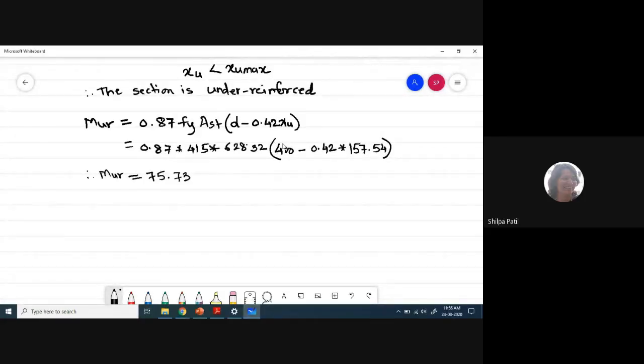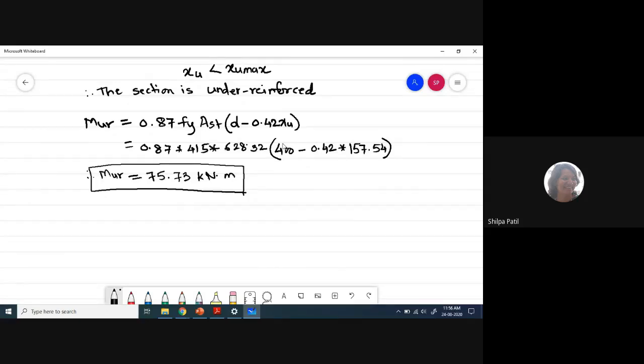Instead of writing into 10 raised to 6 Newton mm, I am simply writing kilonewton meter. Correct? So this is my final answer. For the first case, case A, I am getting the MUR value as 75.73 kilonewton meter.